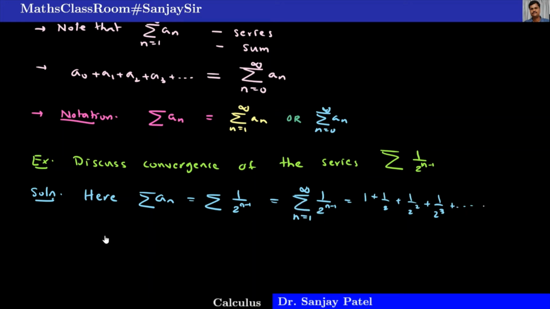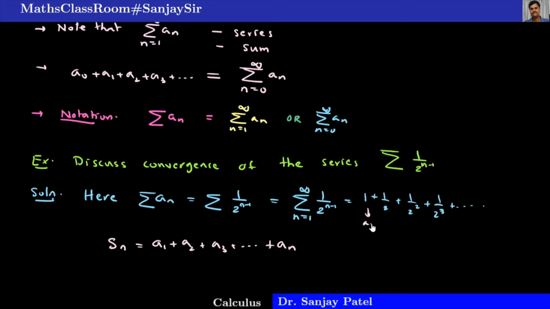So what is Sn here? In this case, we have Sn is equal to a1 plus a2 plus a3 up to an. That means the sum of the first n terms of this series.